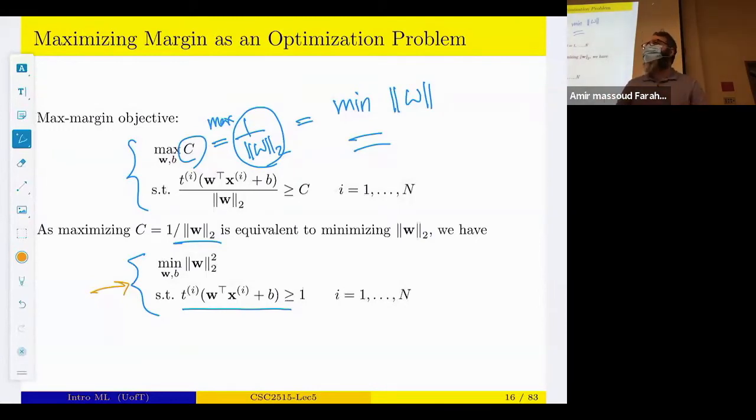But can you be a bit more specific? Maybe if you have taken a convex optimization course, you would recognize it, otherwise probably not. Has anyone taken optimization? People in ECE, I think you have a convex optimization course. We don't have it in CS.